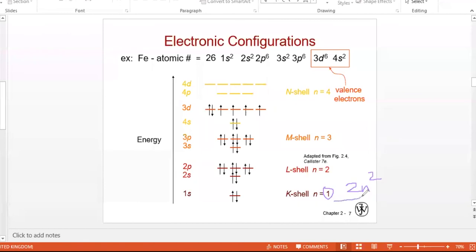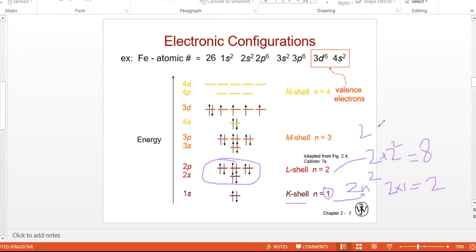If you substitute 1, you have 2 into 1 squared, that is 2. So we can have a maximum of 2 electrons in the first shell. Second shell, 2 into 2 squared: 2 squared is 4, 4 into 2 is 8. So in the second shell, we can have a total of 8, that is 2 plus 2 plus 2 plus 2.